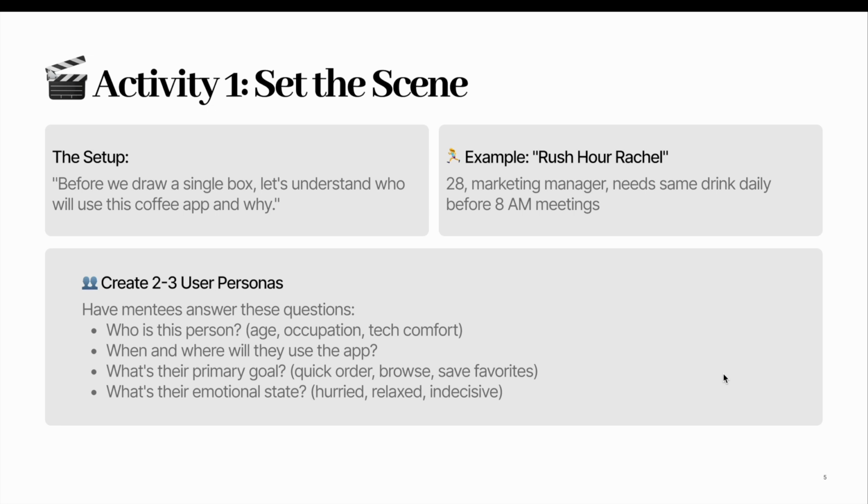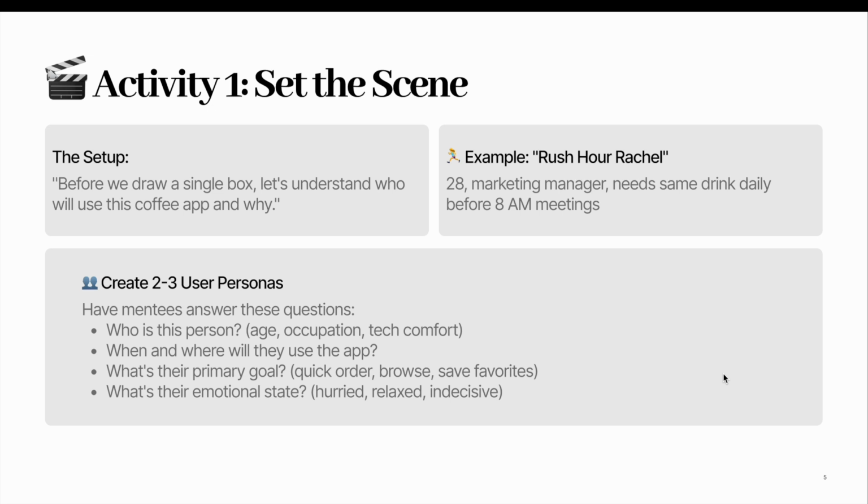Okay, so we can create 2 to 3 personas, and you'll have to figure out who that person is, the target audience. You can maybe add the age, what they are currently doing, and how tech savvy they are, if it's required. Okay, think along those lines.